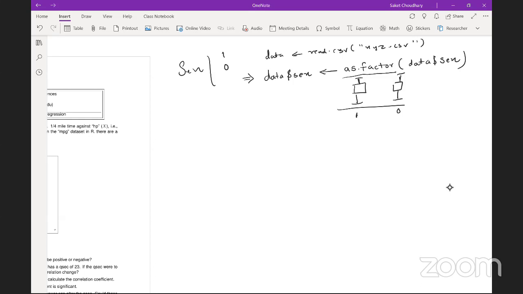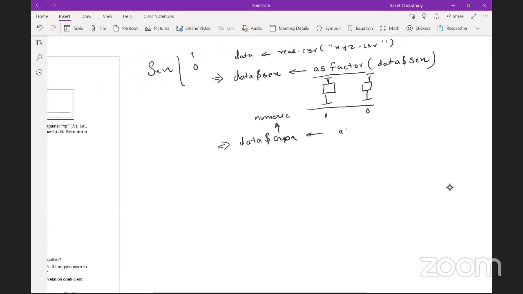In some cases, let's say the numeric quantity associated with it was GPA. So this should be numeric. Sometimes, if the entries for some of the GPA rows are missing, R interprets this as a string or as a factor.